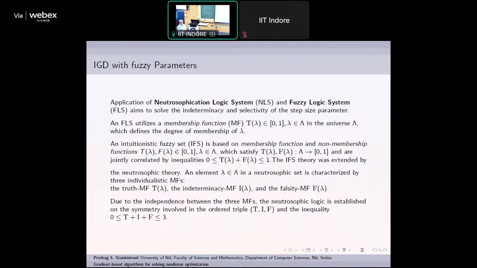When we vote, we can say yes, no, and sometimes I don't know what to say. The idea was to define three membership functions: truth, independency, and falsity. All membership functions can be between 0 and 1. So this relation is evident.